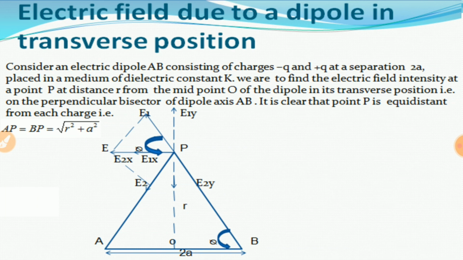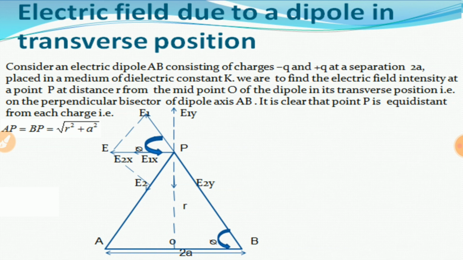Now we have to calculate the electric field due to a dipole in transverse position. Consider an electric dipole AB consisting of minus q and plus q charges at separation 2a placed in a medium of dielectric constant K. We are to find the electric field intensity at point P at distance r from the midpoint O of the dipole in its transverse position, that is, on the perpendicular bisector of the dipole axis AB.